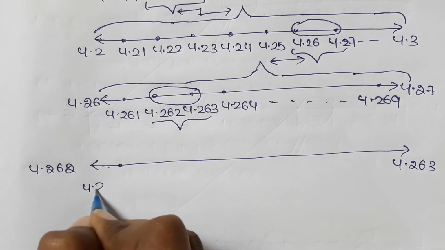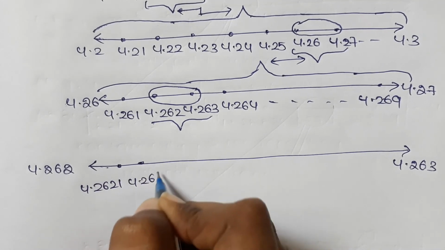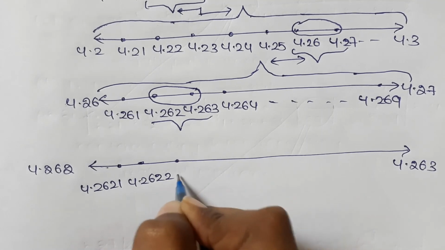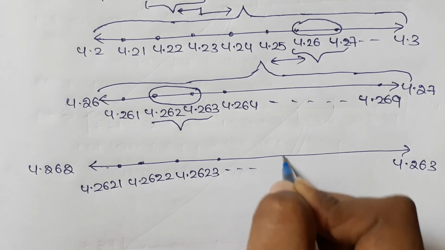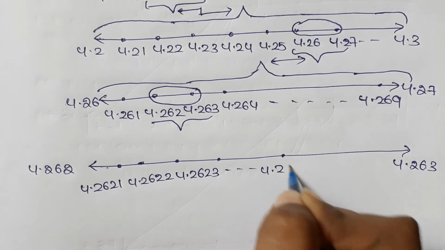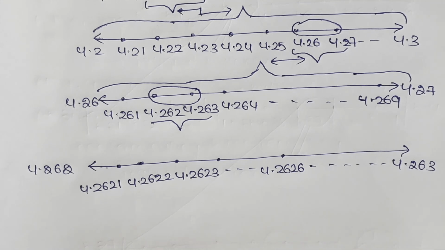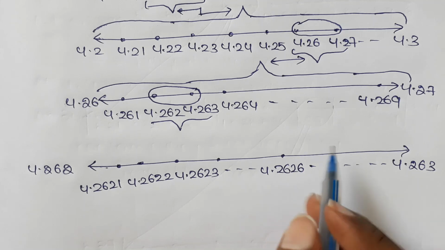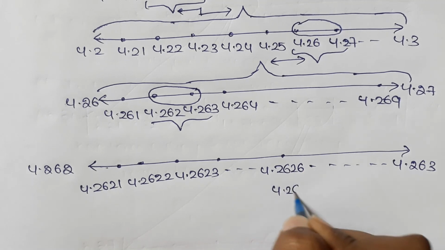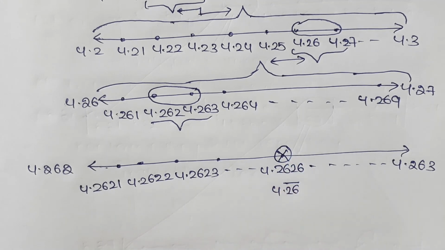That is 4.2621, 4.2622, 4.2623 and so on, 4.2626, and here is the required number, that is 4.2626, that is 4.26 bar, and we should mark it on this.